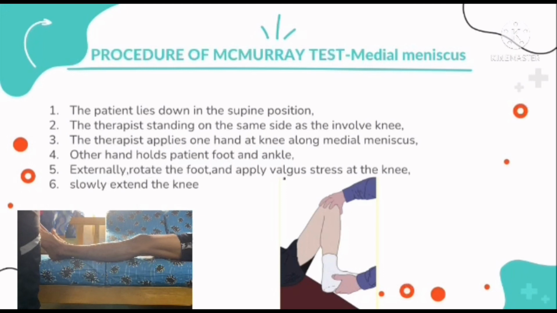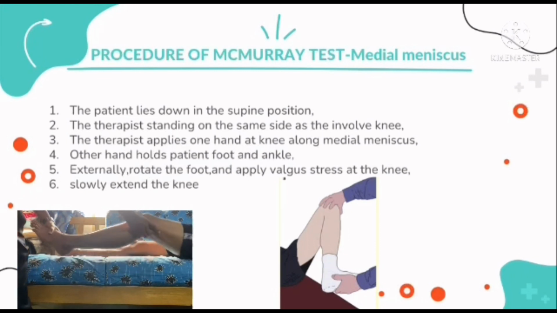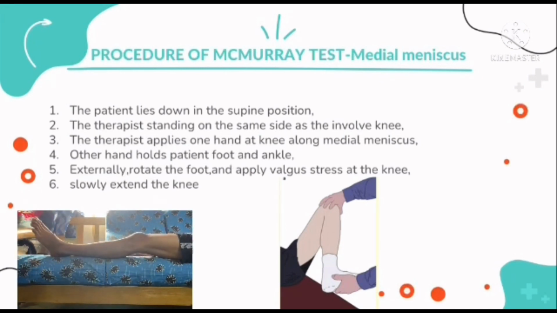Next, put the other hand on your patient's ankle. Externally rotate your patient's knee to the outside and apply a valgus stress on their knee, and ask if there is pain or not. No pain. Okay, that's all.